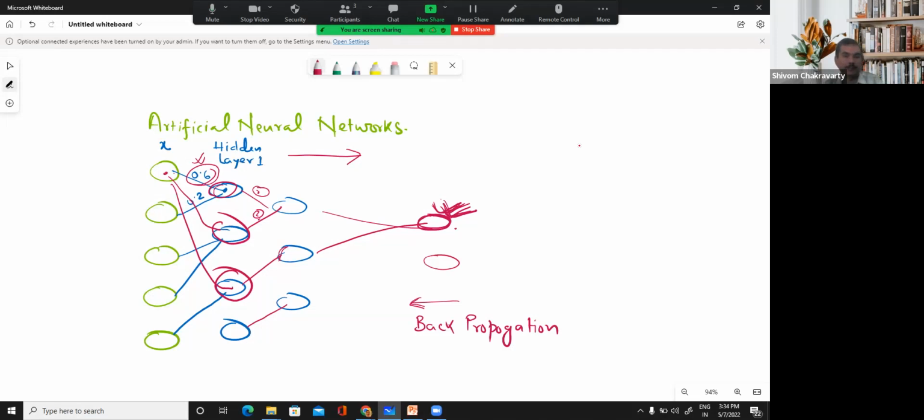Computers work so fast, right? Even a billion-digit number will be multiplied by another billion-digit number in a second. Yet that kind of computer takes weeks to train itself in a particular artificial neural network.